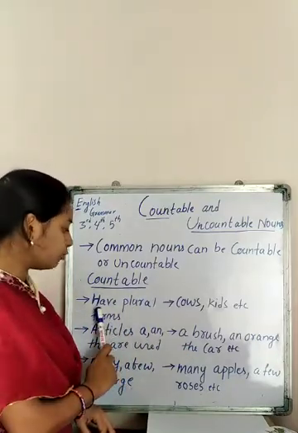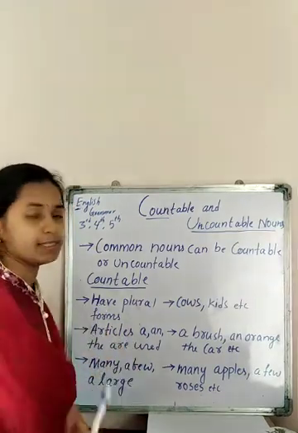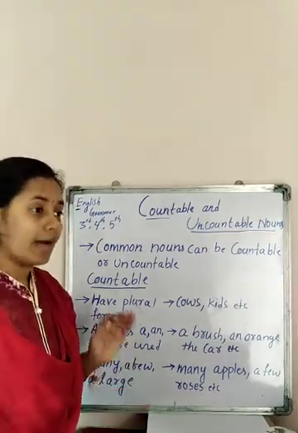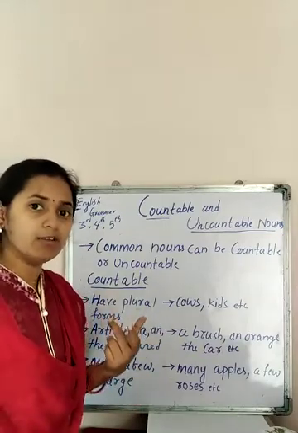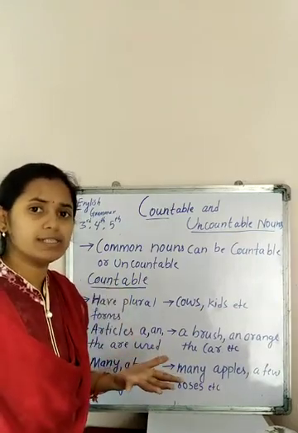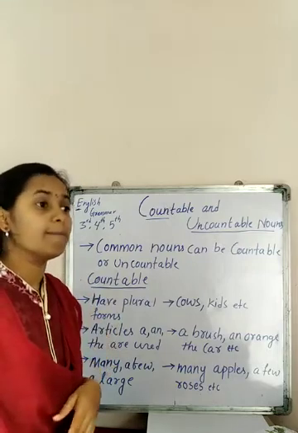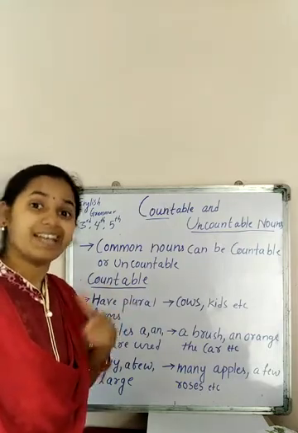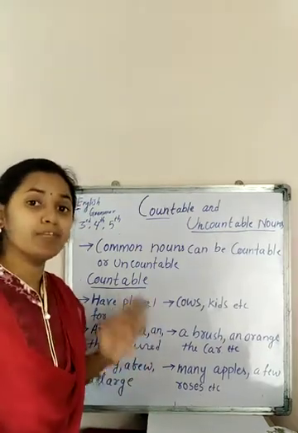The first point is that countable nouns have plurals. As I said, girl can be girls, right? Girl is a common noun and it is countable. Countable means you can count the girls. So girl, girls, it has plural forms. And kids, car, cars, it has the plural form.